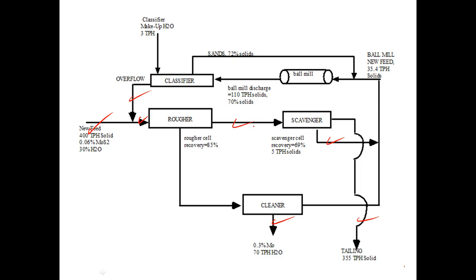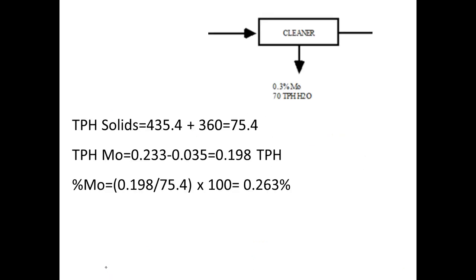Next, let's go to the cleaner feed, which is also the rougher concentrate, and characterize that. So here's our cleaner cell. We've got our feed, our concentrate, and our tail. We've already done a good job of characterizing that concentrate early on.